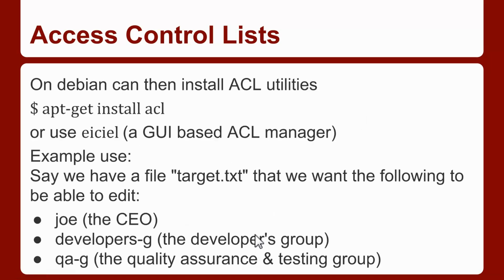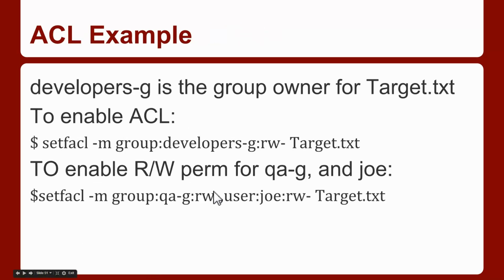On Debian systems, it's something that can be installed with apt. It's called ACL; that's a command line one. There's a GUI-based one, eiciel. An example is, say you want to have two groups have access to a file and also a different user, say the CEO or someone very important in an organization, but you want the two groups to have different levels of access.